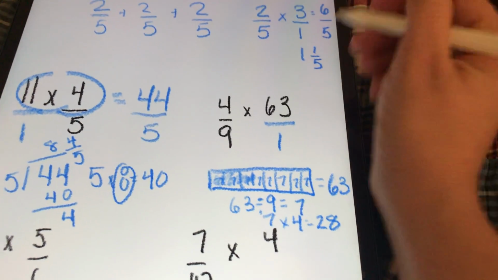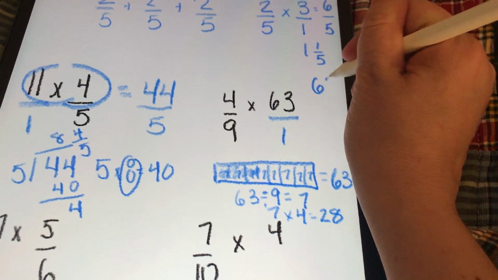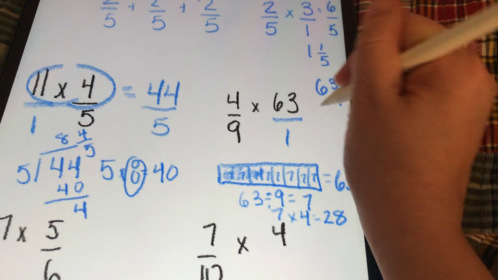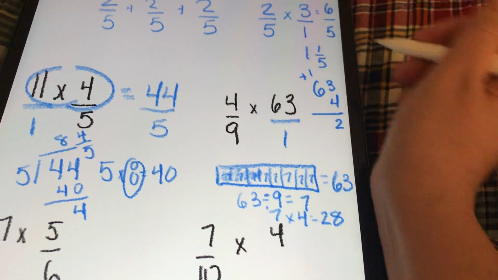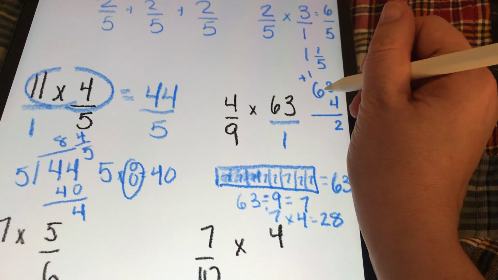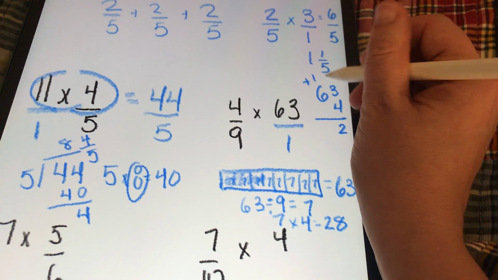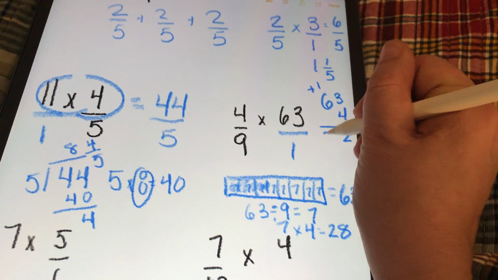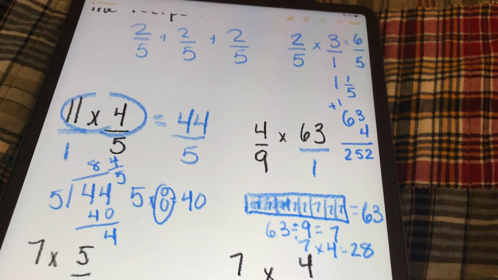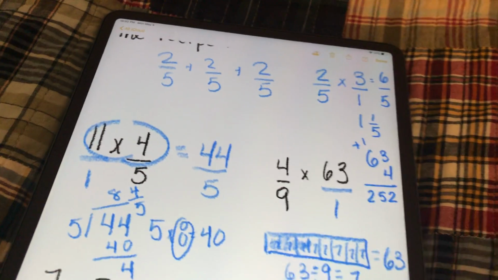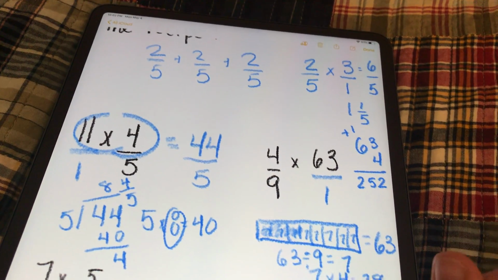Now let's say you want to do my new strategy. Well, all you would have to do is 63 times 4. 4 times 3 is 12. Carry my 1. 4 times 6 is 24 plus 1, 25. So now I would have to do 252 divided by 9.